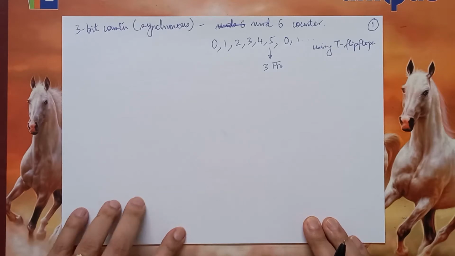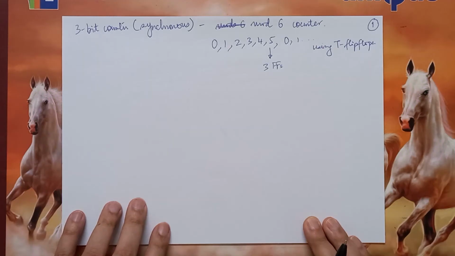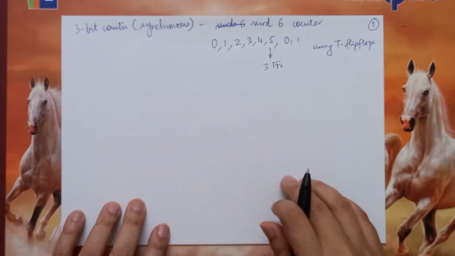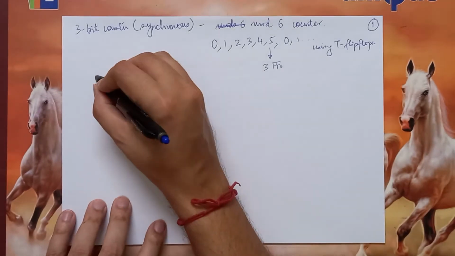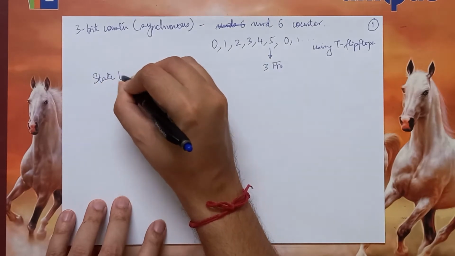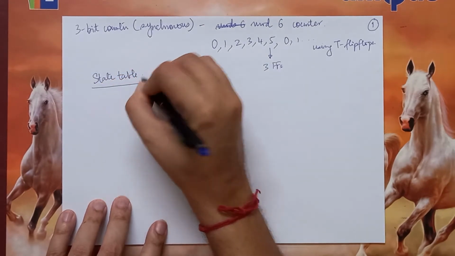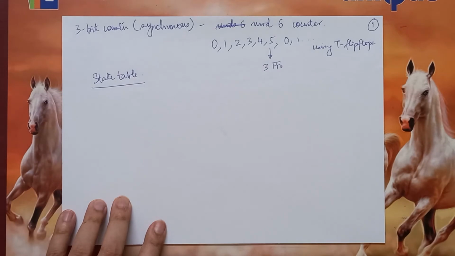So suppose we now construct the state table which shows the present state and the next state.